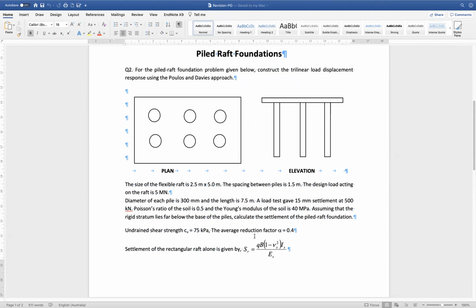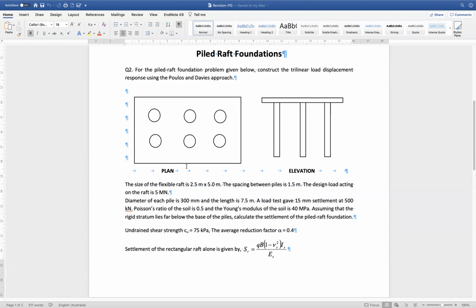So what we need to do here, according to the Modulus and Davis approach, is separate the settlements as settlement due to the pile and settlement due to the raft. And then we work each settlement separately, and then we add them together at the end. So we need to find what's the settlement due to the pile and due to the raft.